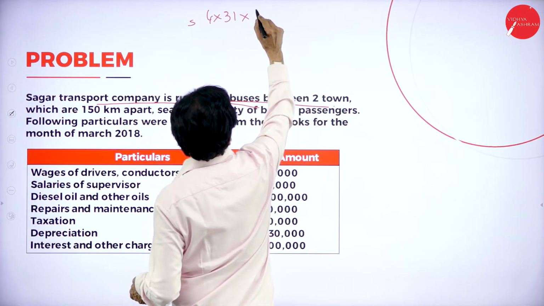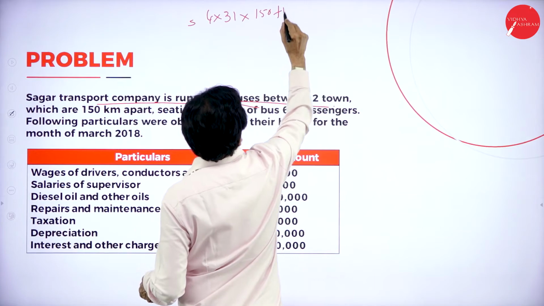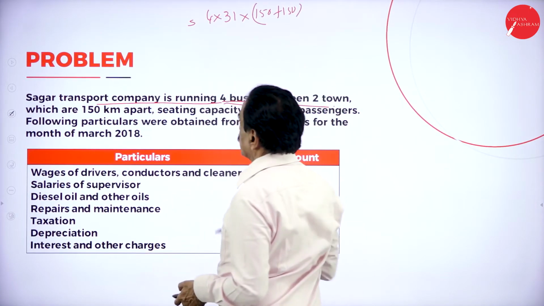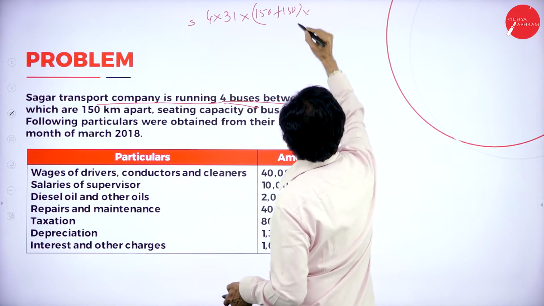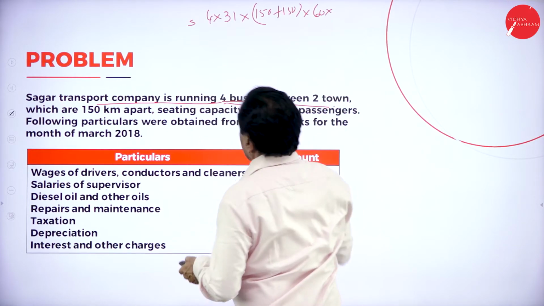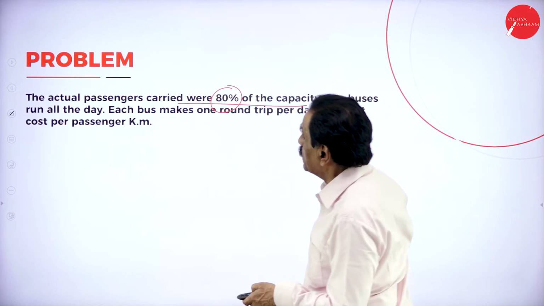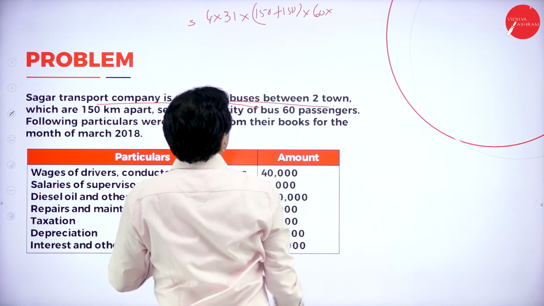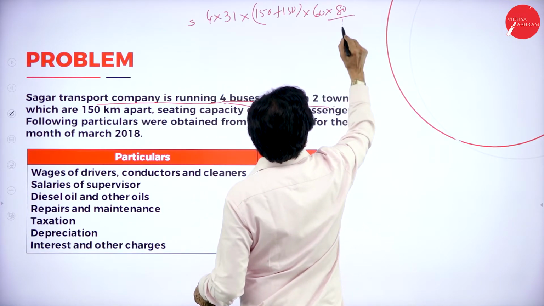How many kilometers? 150 plus 150 kilometers, into passengers, 60 passengers, into 80% capacity, 80 by 100.